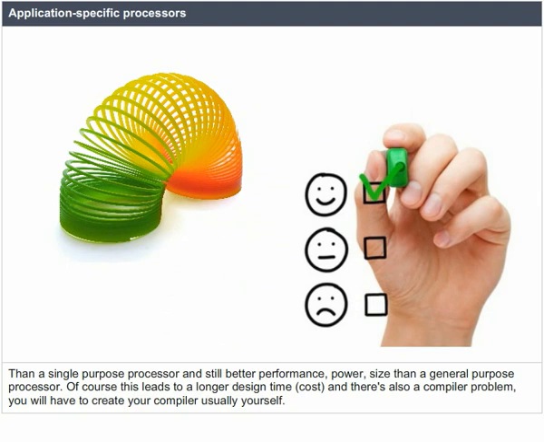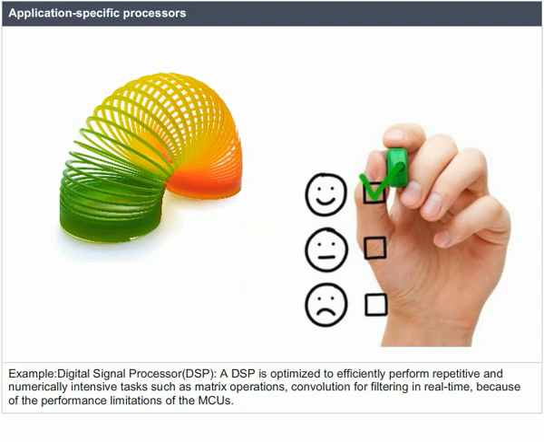Of course, this leads to a longer design time, which means costs, and there is also a compiler problem. You will usually have to create your own compiler. Example: Digital Signal Processor, DSP. A DSP is optimized to efficiently perform repetitive and numerically intensive tasks such as matrix operations and convolution for filtering in real time, because of the performance limitations of MCUs.